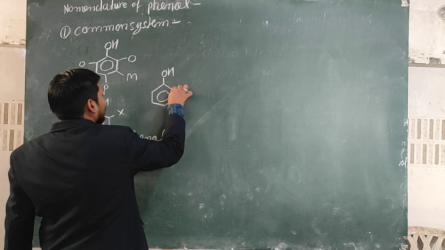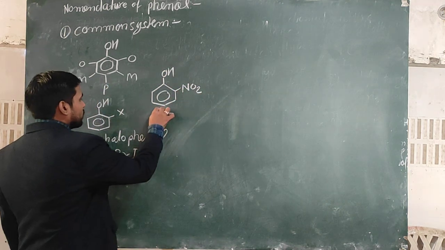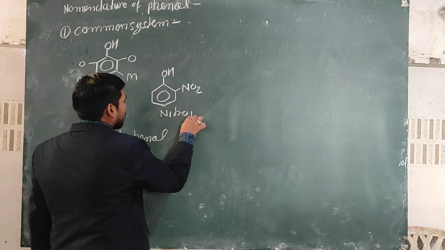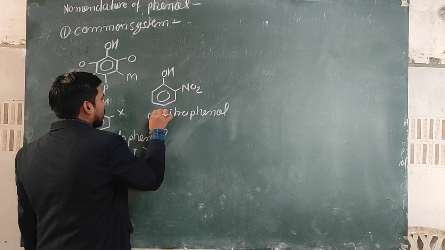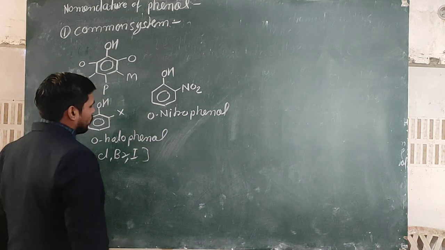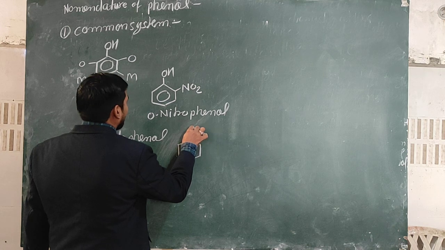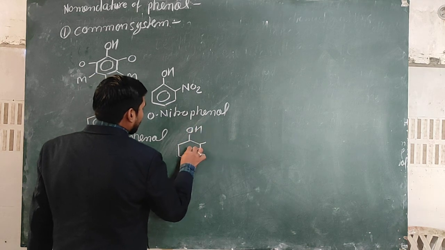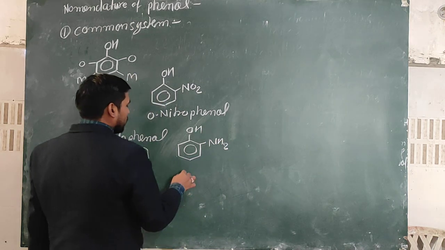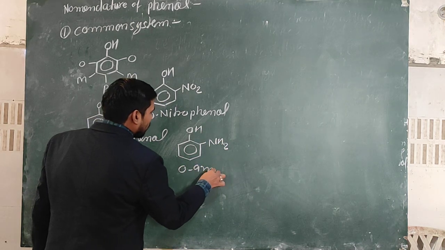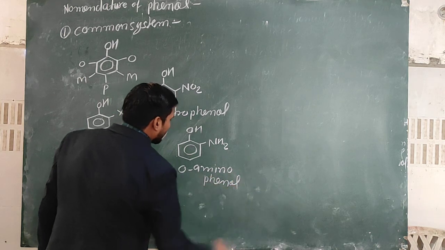Okay, similarly, if any phenolic ring contains NO2 group in its structure, then its name is nitrophenol, orthonitrophenol. Okay, if any phenolic ring like OH contains NH2 group, then orthoaminophenol is its common name.